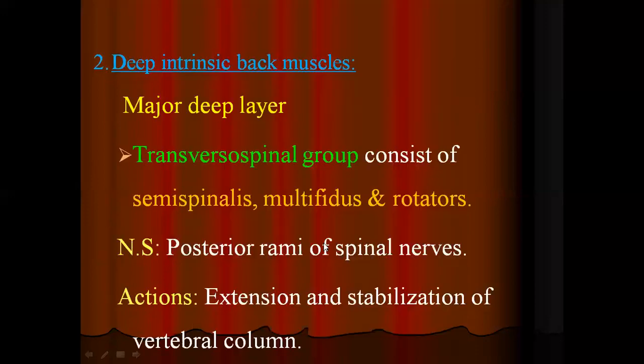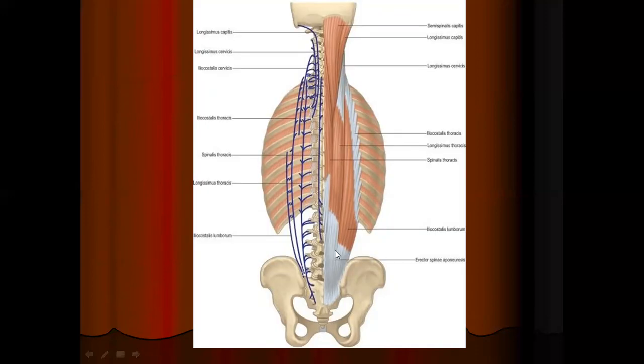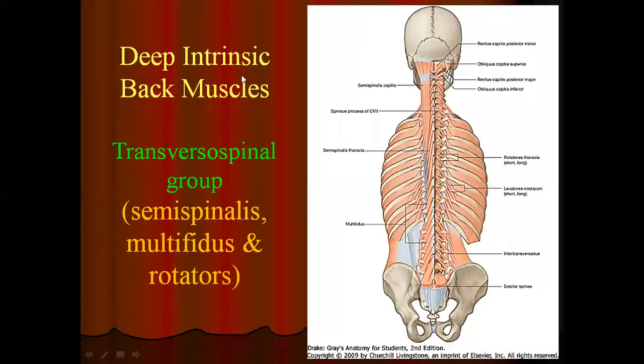Much deeper inside, we are finding semispinalis, multifidus, and rotators. Deep intrinsic back muscles, the transversospinal group, what are the various muscles we have? The semispinalis muscle. Then we have the multifidus, what you are seeing here.